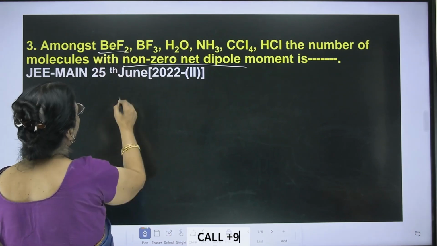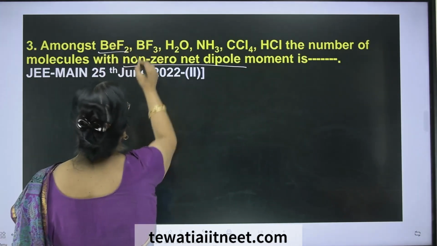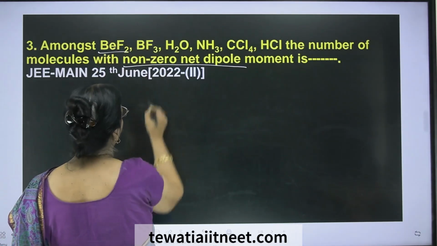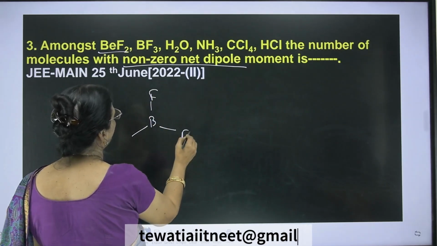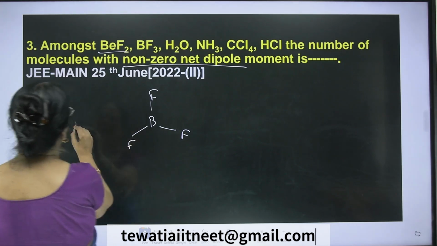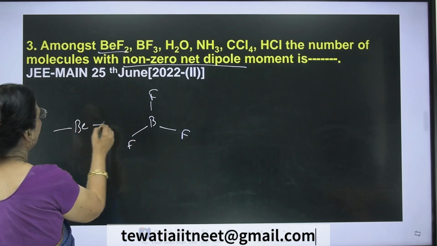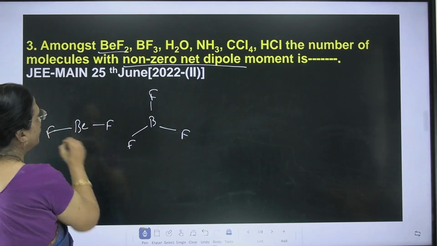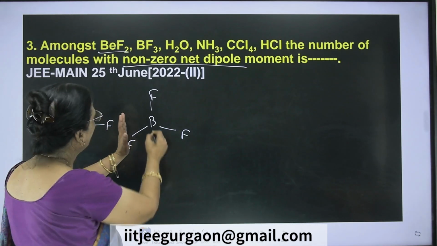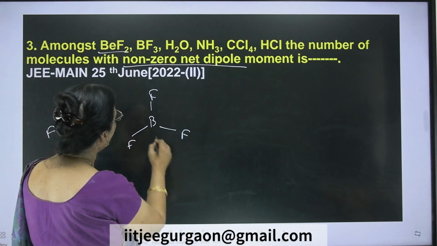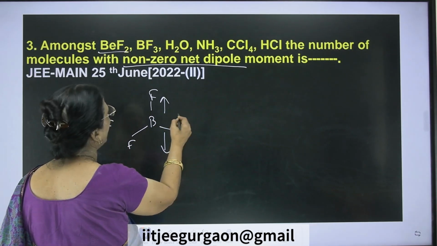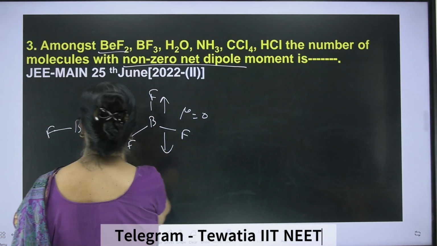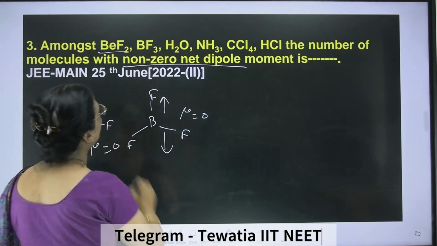So beryllium difluoride is linear, okay, BF3 here you see, clear. So here symmetry, and here also symmetry, this is a planar structure, so its dipole moments and the resultant dipole moment will cancel each other, so mu is equal to 0, here also 0.